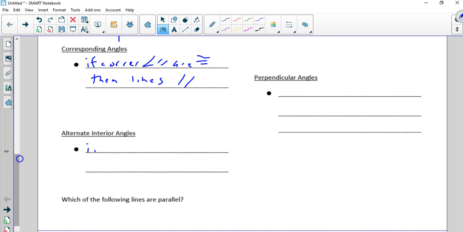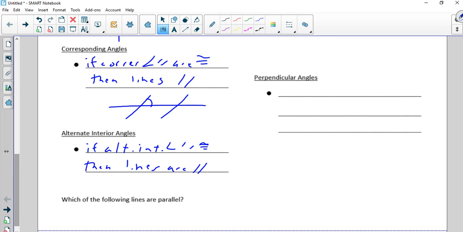And we're doing the same thing here. You can kind of see where we're going. If alternate interior angles are congruent, then lines are parallel. Now, I guess we'll put a picture in here.